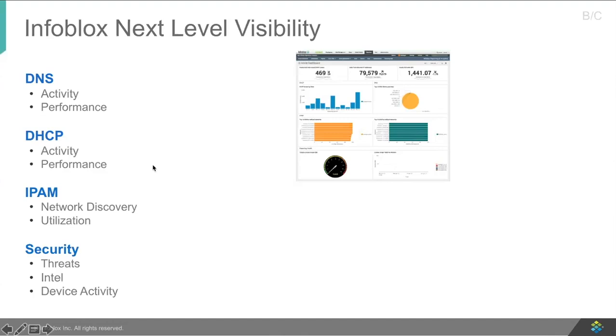Again, that top view of numbers is queries per second and leases per second, and you can drill down and look at top queries by client, or which network or domain is generating the most traffic.